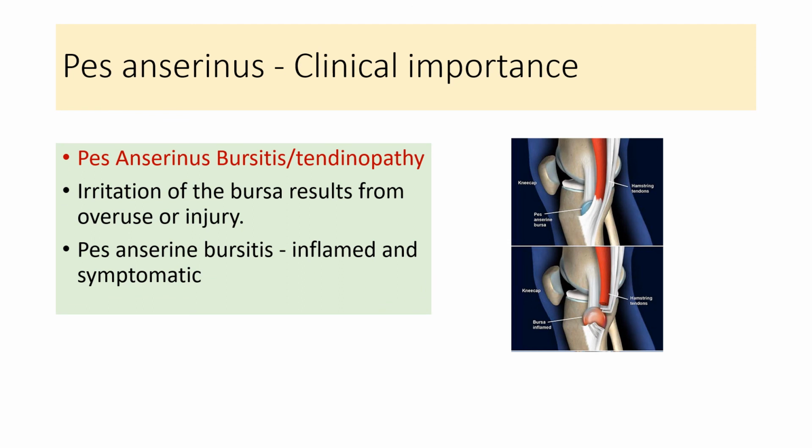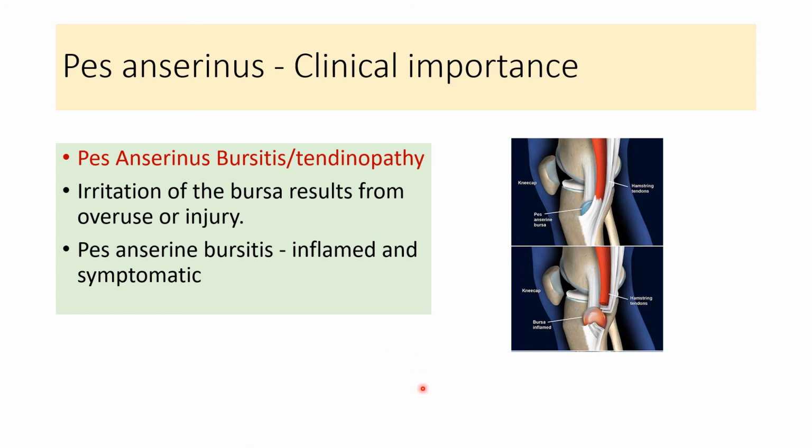Now let us see the clinical importance of it. Inflammation of the tendons is possible. It is known as pes anserinus tendinopathy, or there can be irritation of the bursa and its inflammation because of overuse or injury, as in the present case scenario.